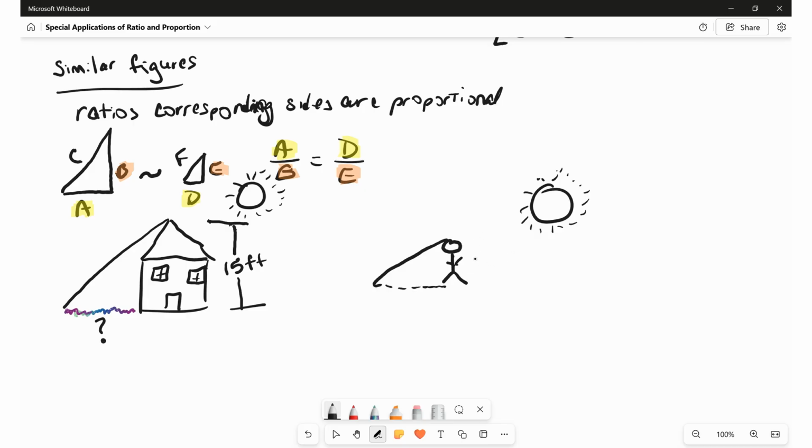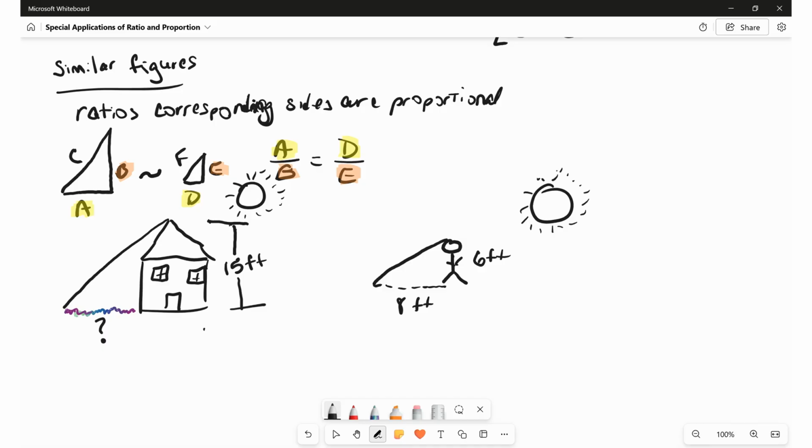And we know that this person is 6 feet tall, and we also measure that their shadow is 8 feet long. Well, we can use this knowledge to determine how far out we need to go with our grass seed.